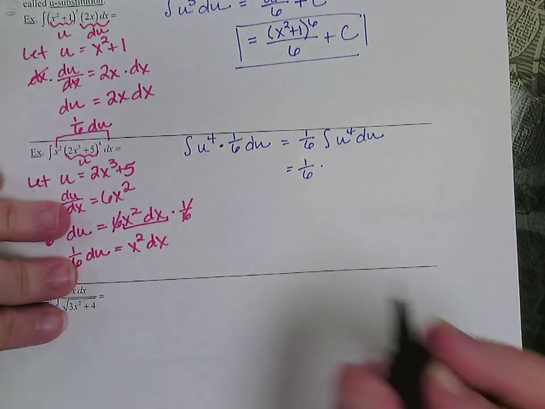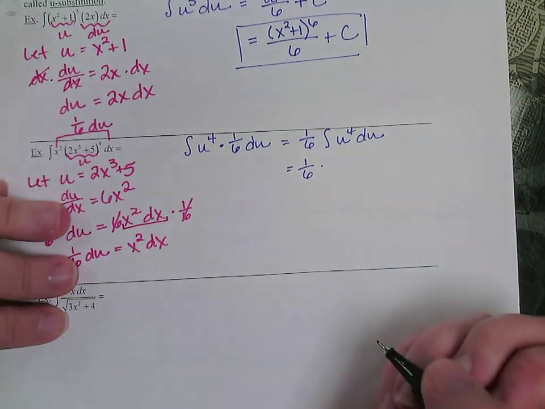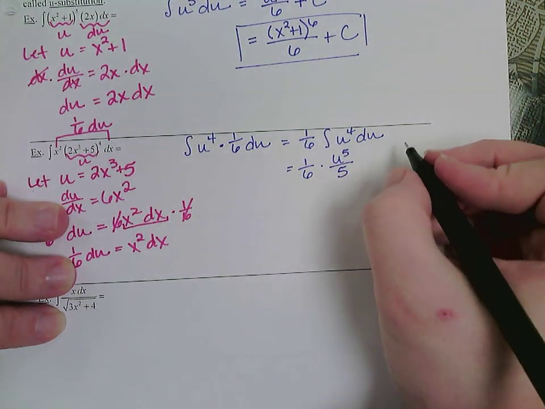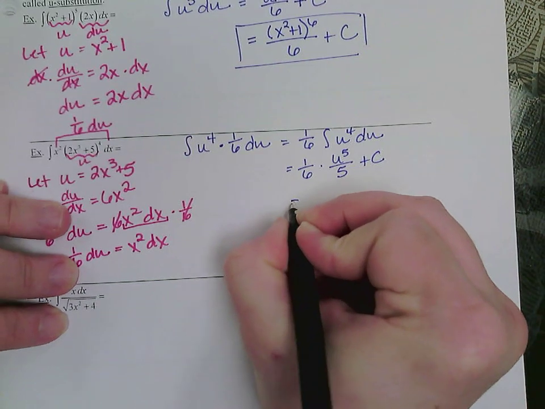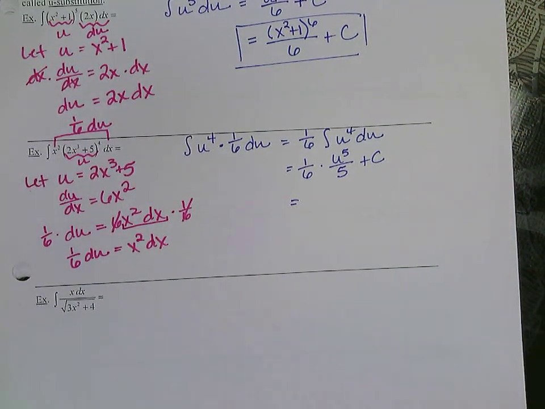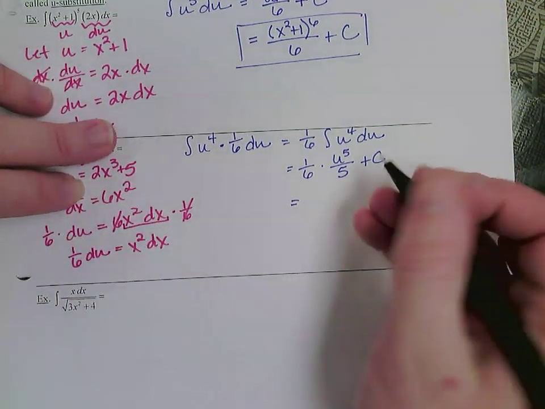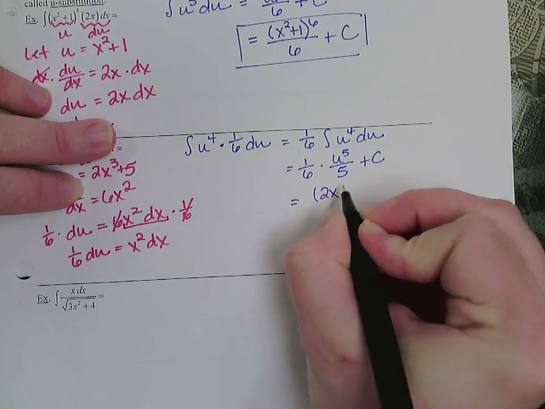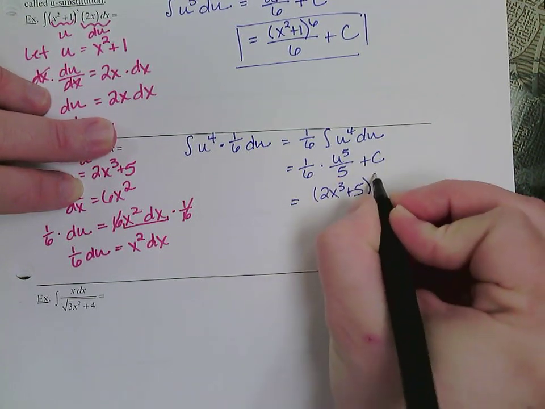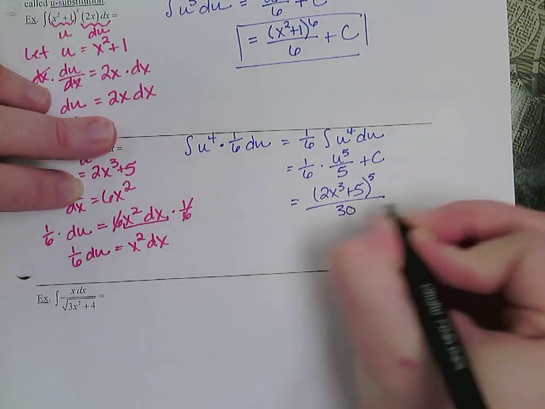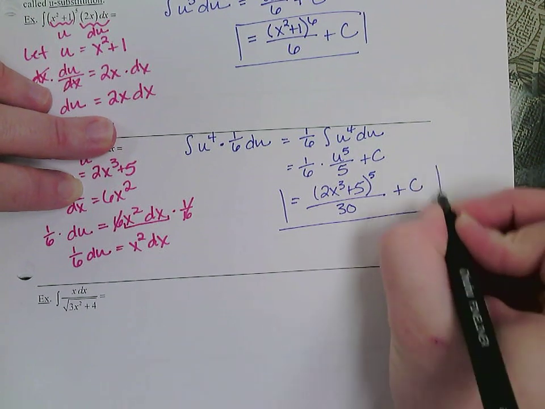So the antiderivative of u to the 4th with respect to u will be u to the 5th divided by 5 plus c. And now that we've taken the antiderivative with respect to u, we can go back and substitute in our function of x. U is 2x cubed plus 5. So we have 2x cubed plus 5 to the 5th over 6 times 5, 30, plus c.